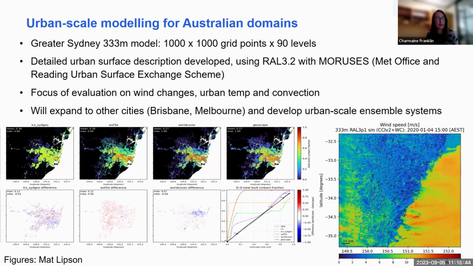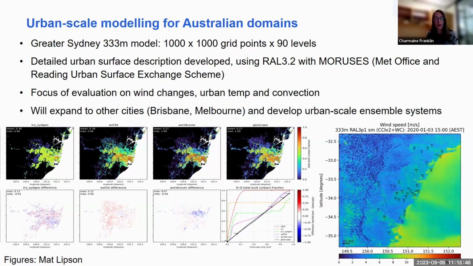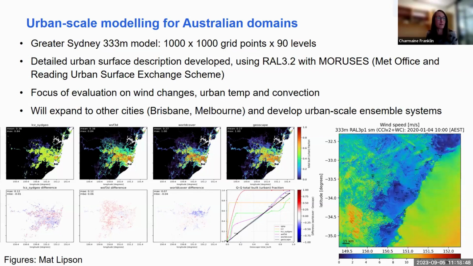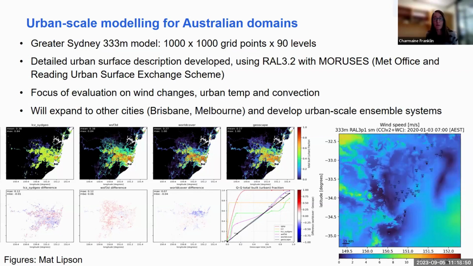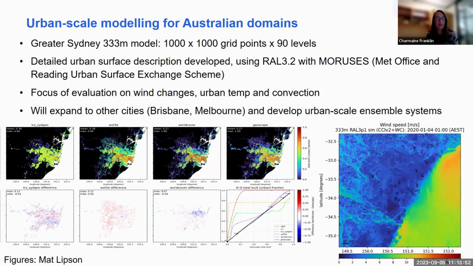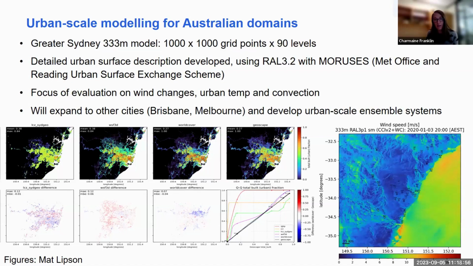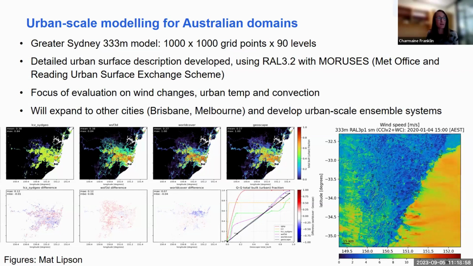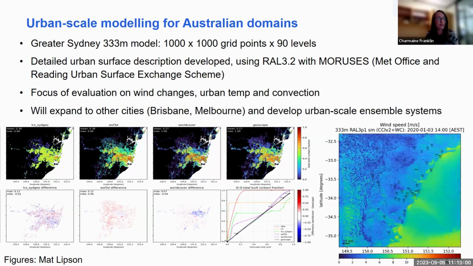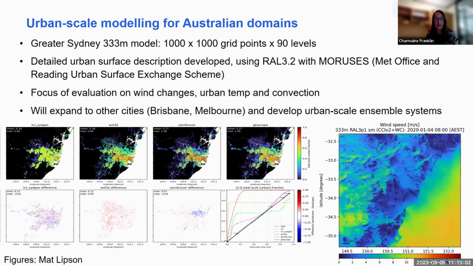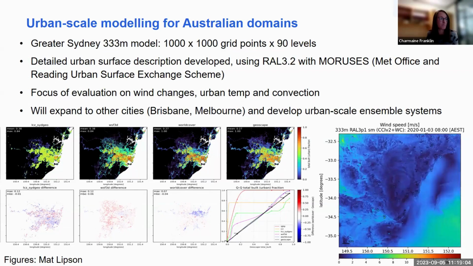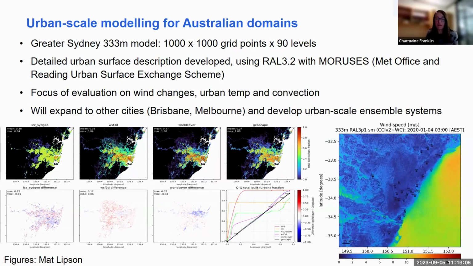And when we benchmark that against Geoscape, which is a very high resolution data set available for Sydney, we see that it does a pretty good job of representing the Sydney urban fractions. So that's the data set that we've used to develop our urban model, and is also the data set that we've used to develop our urban fractions for our big ACCESS-A and BARRA and BARPA system. Next slide, thanks.